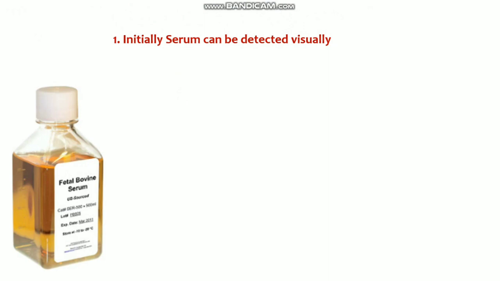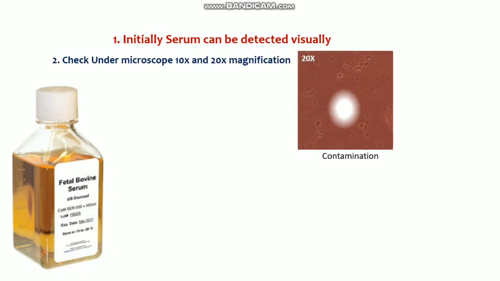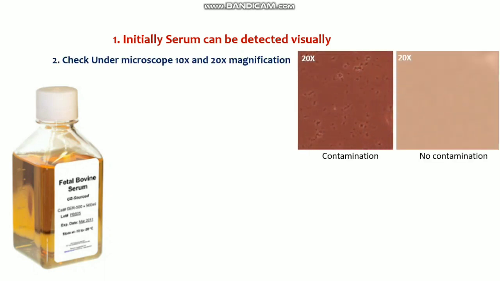Next is how to detect contamination in the serum. Initially you can also detect visually. If it is clear, then there is nothing inside. But to confirm, you need to make sure, because in some cases you cannot detect it visually, as some serum is itself cloudy. In that case you need to check under the microscope at 10x or 20x magnification.